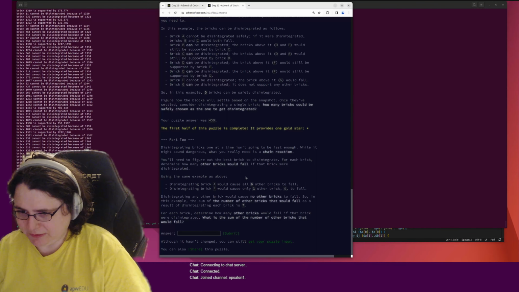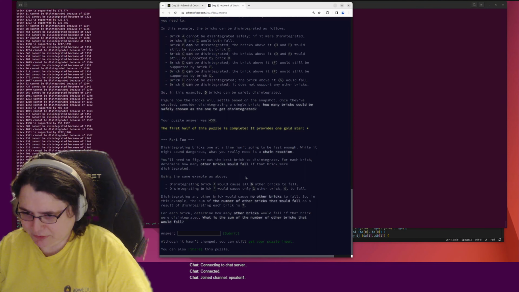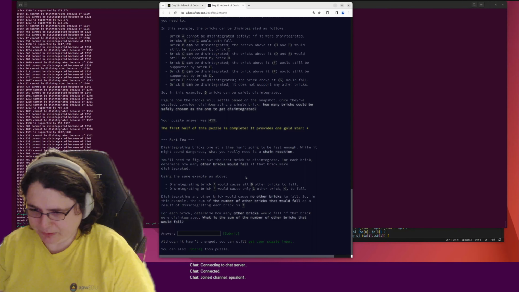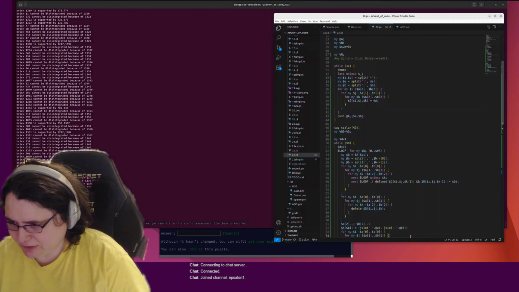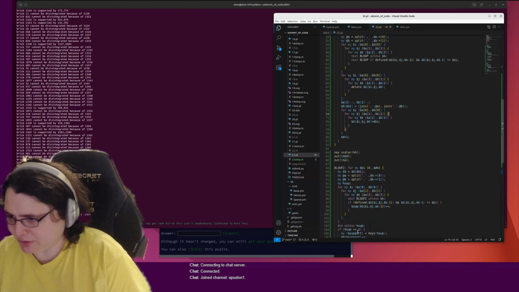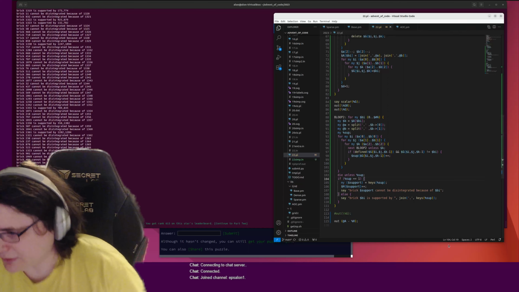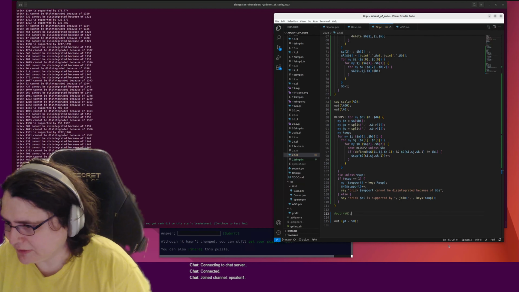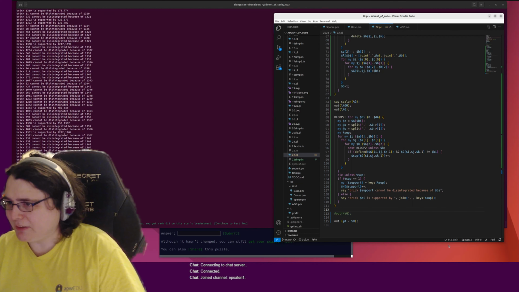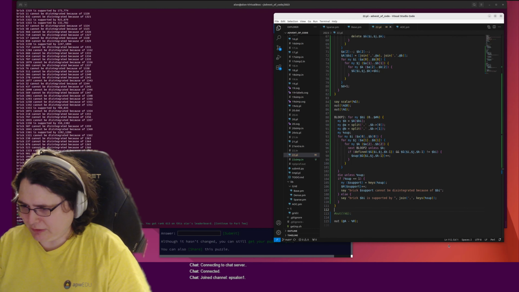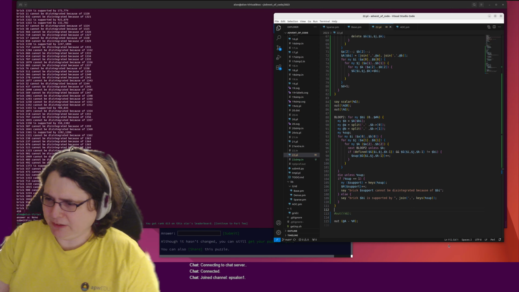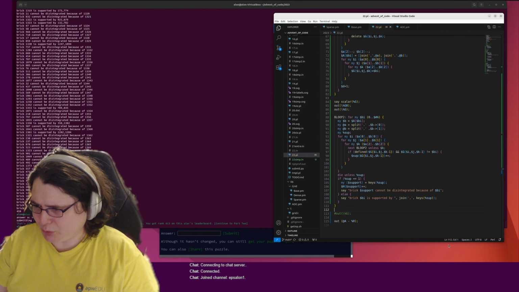Each brick is 7. How many other bricks will fall? The sum. Oh, so that's just how many bricks? Yeah, so that's basically what we already counted. Isn't that what we already did? No, it's how many bricks would fall.